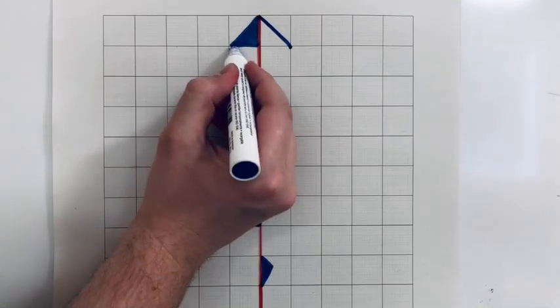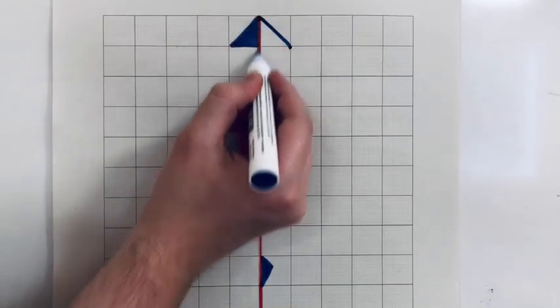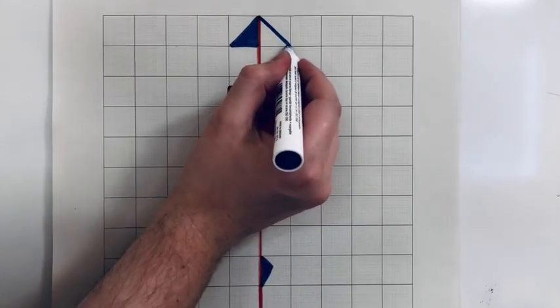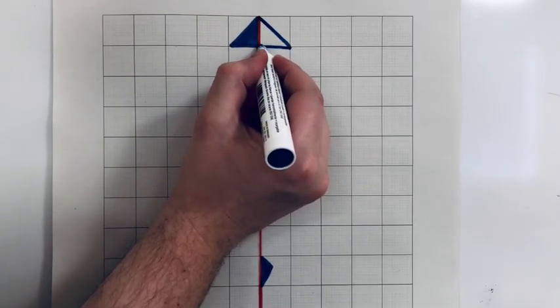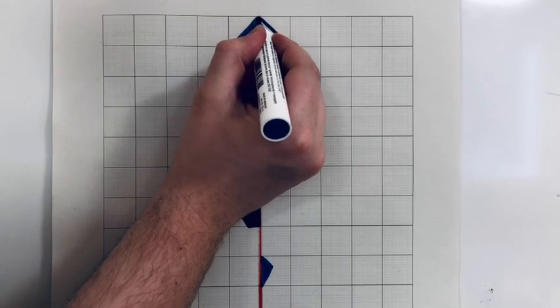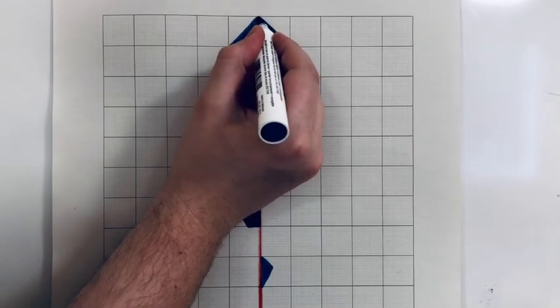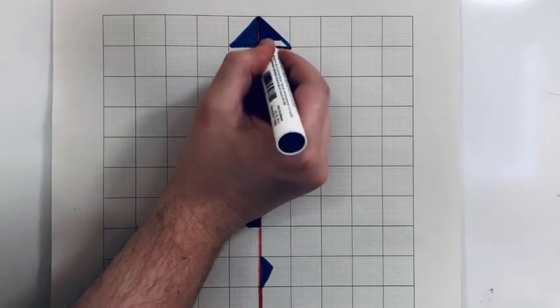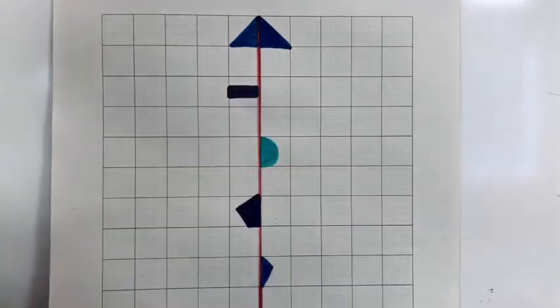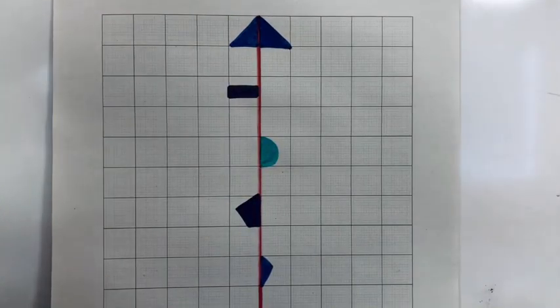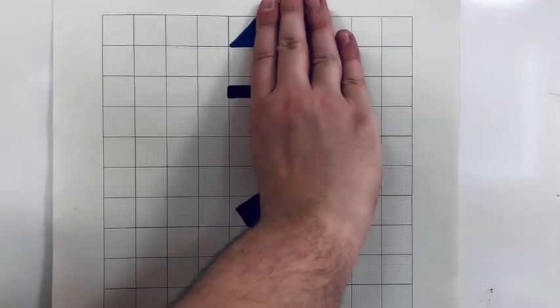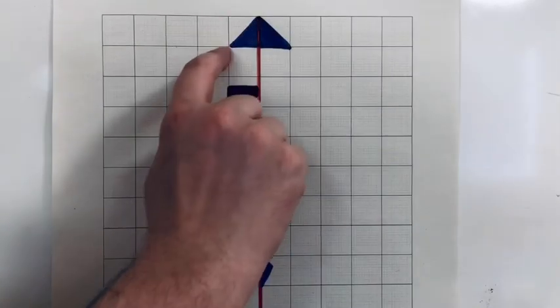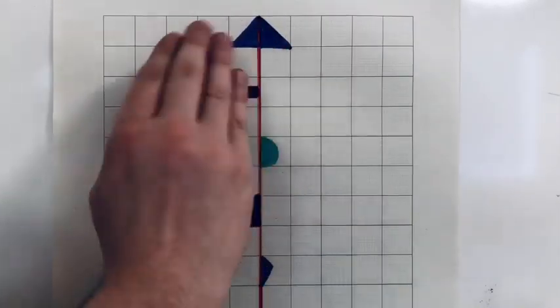It then goes back to the middle, to the axis, to the line of symmetry. I'll join those up and colour that in. Now, instead of having a small triangle, I have a large mirrored triangle.